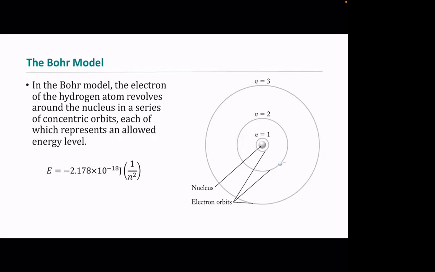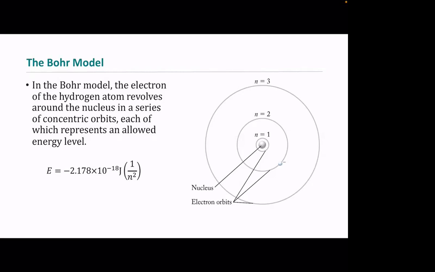And this is what's confusing too. They're done as negatives. So the larger the negative number, the less energy it is. And they become less and less negative, closer to zero, as you go out from the nucleus.